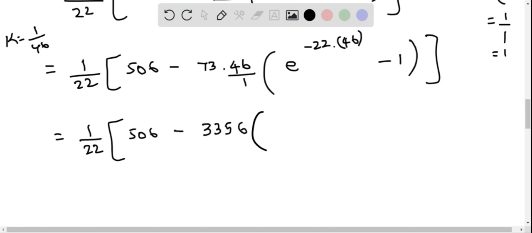Let me evaluate this quickly using the calculator. First I plug in 22 times 46. I take the negative of it. Then I raise e to the power of this quantity, that is e raised to the power of negative 22 times 46.